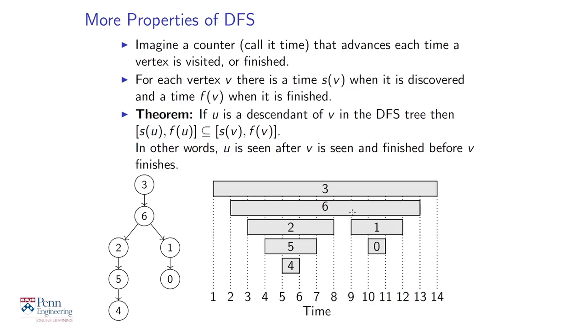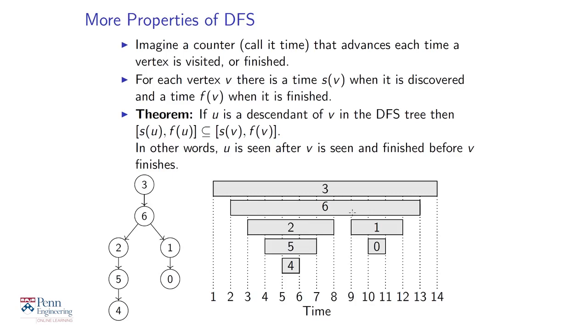So the theorem here is about when U is a descendant of V in the DFS tree, and we need to explain the terms descendant and ancestor in a tree, which are used quite commonly, and they have the same meanings as they do in the English language.